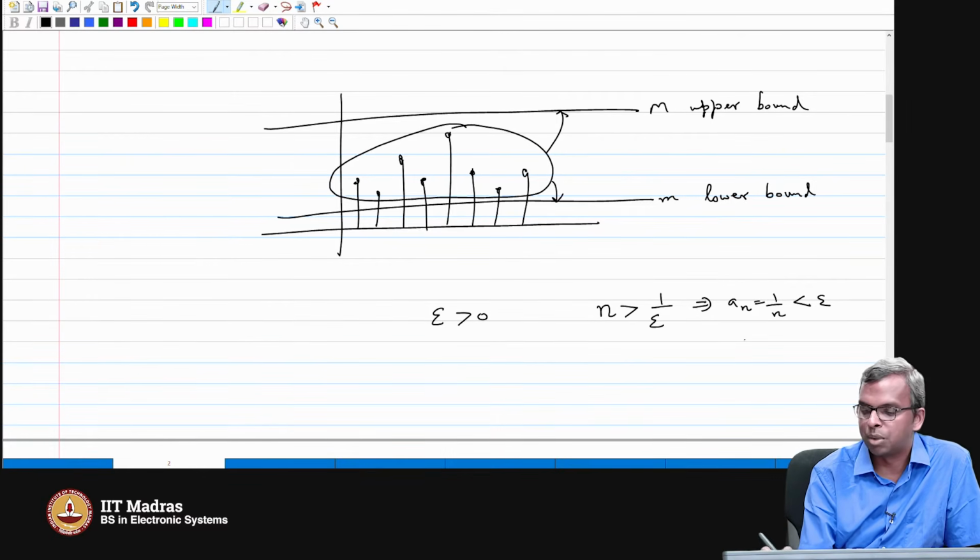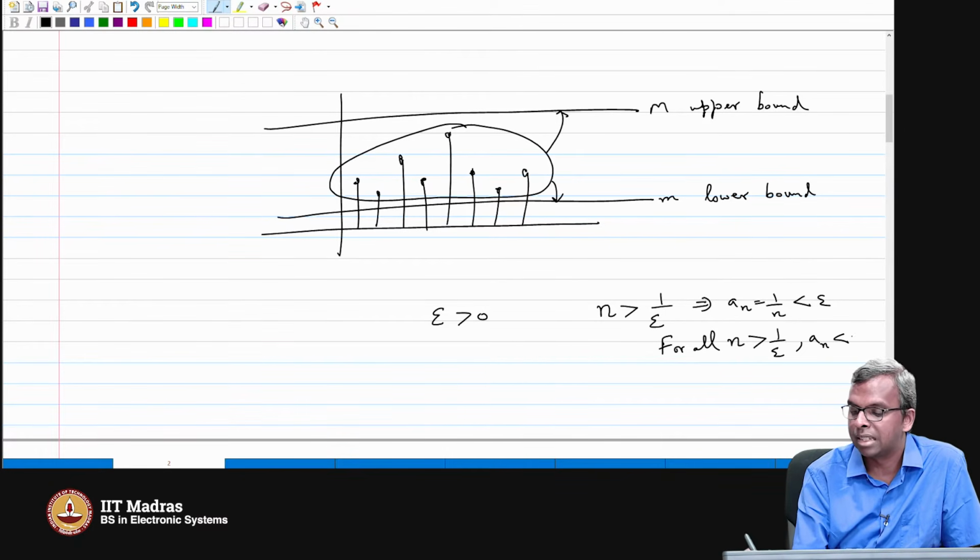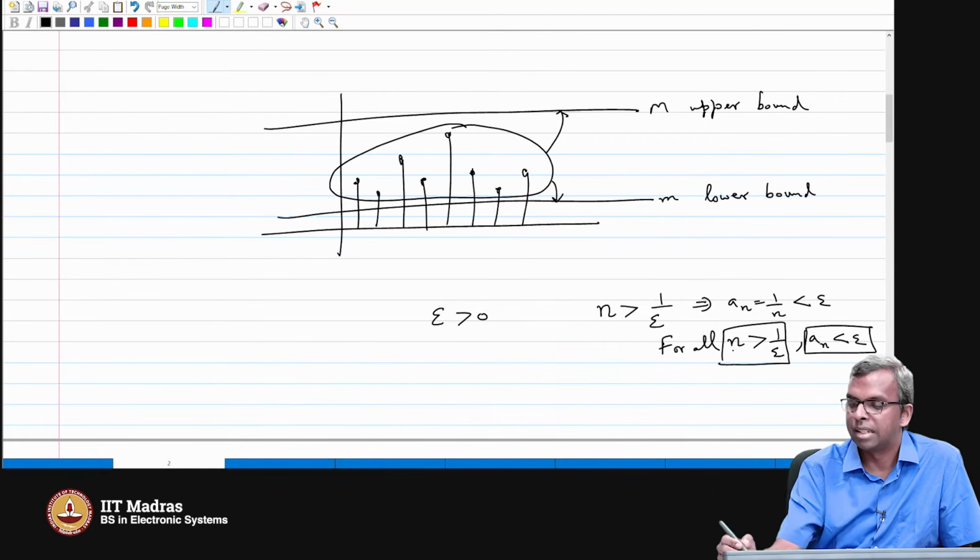This is 1 by n less than epsilon. So, for all n greater than 1 by epsilon, a_n is less than epsilon. Okay, so this is what's important. For all n greater than 1 by epsilon, a_n is less than epsilon.